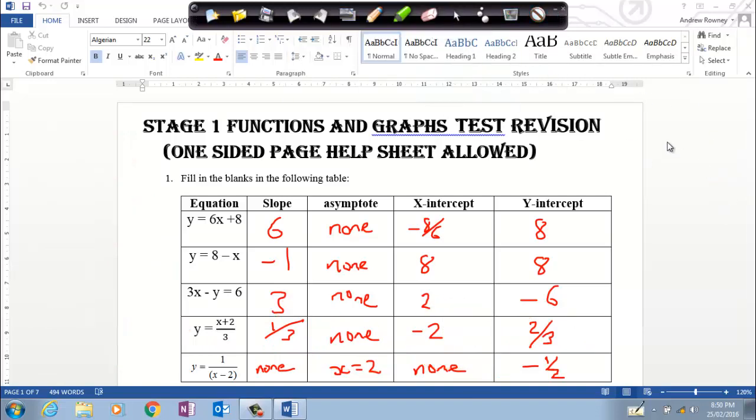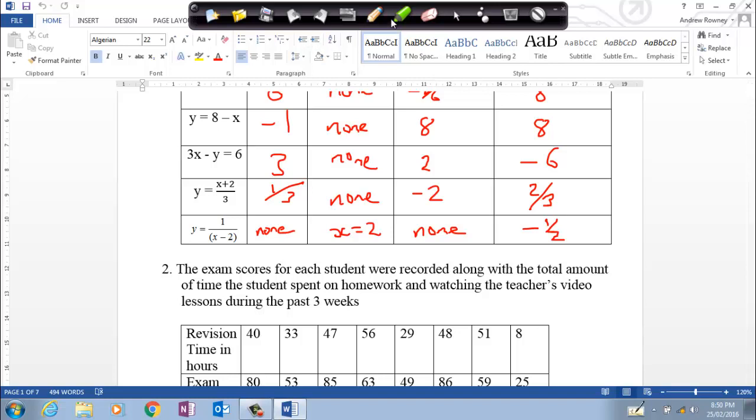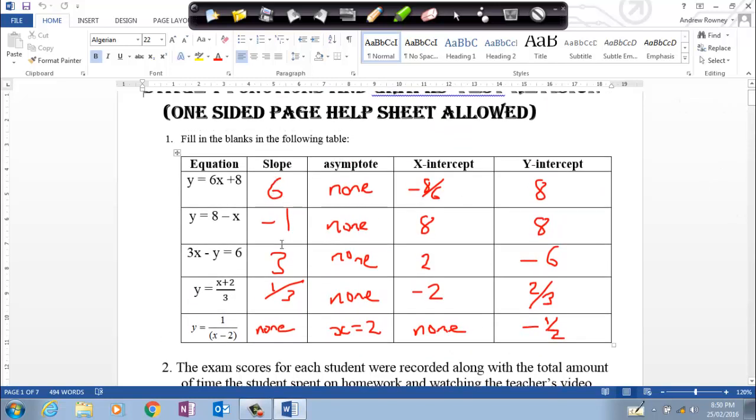And the last one is a rational function, 1 on x take 2. Now, to get the slope, sorry, hang on, we'll just check what I've just done. Yeah, that one there's the slope.